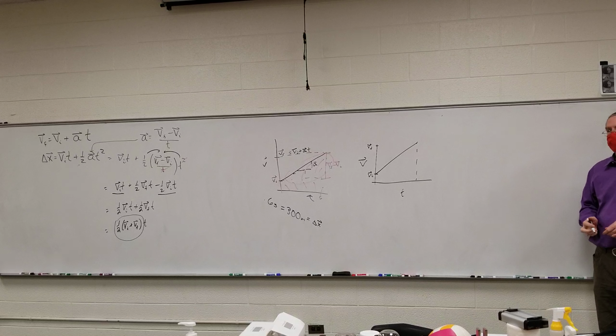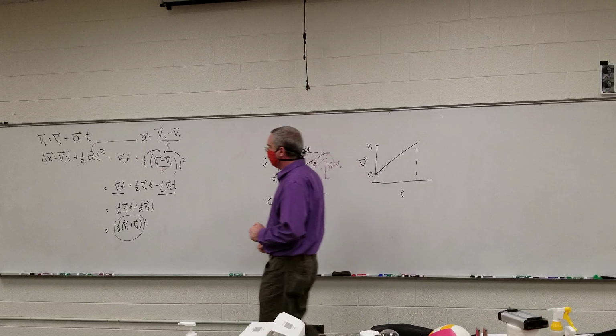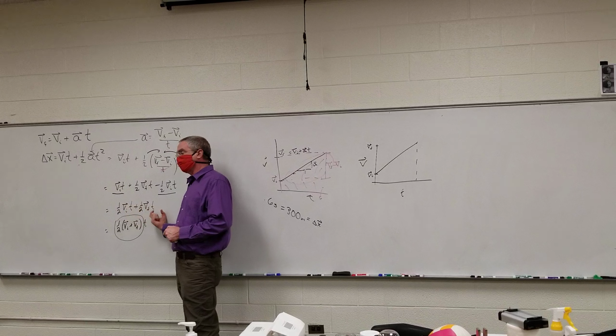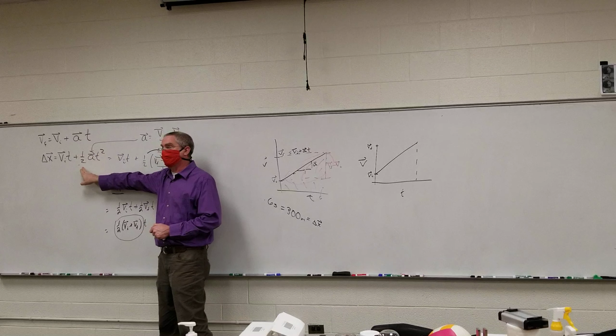I'm backtracking a bit, so this 1/2 VI plus VF times T is just the other formula rewritten. It's like this one right here where I factored the 1/2 out and I factored time out. Okay, and is that the same as the VIT plus 1/2 acceleration T squared? That's where I started, and then I solved for acceleration in the first equation and plugged it into the second.